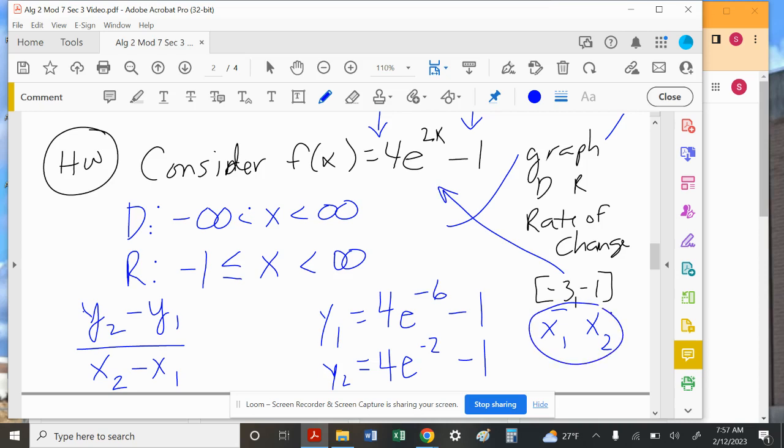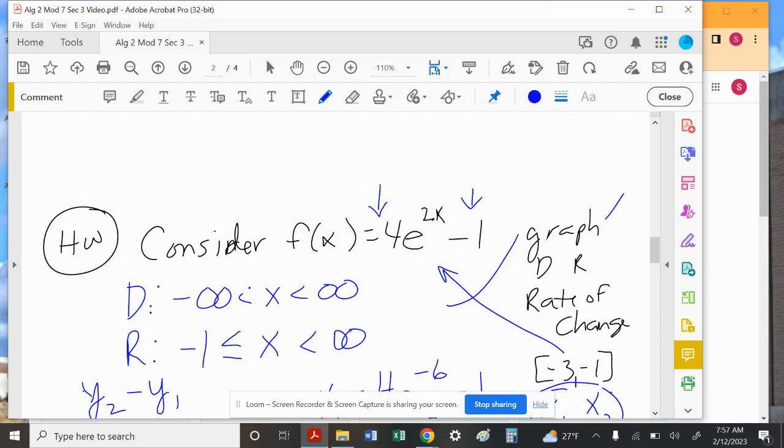So now the graph. So what does this function do? First off, we can see that that -1 means that it goes down 1. We know that the 4 in front means 4 times faster, so it increases 4 times faster. Okay. We know that it's a growth function. Why is that?